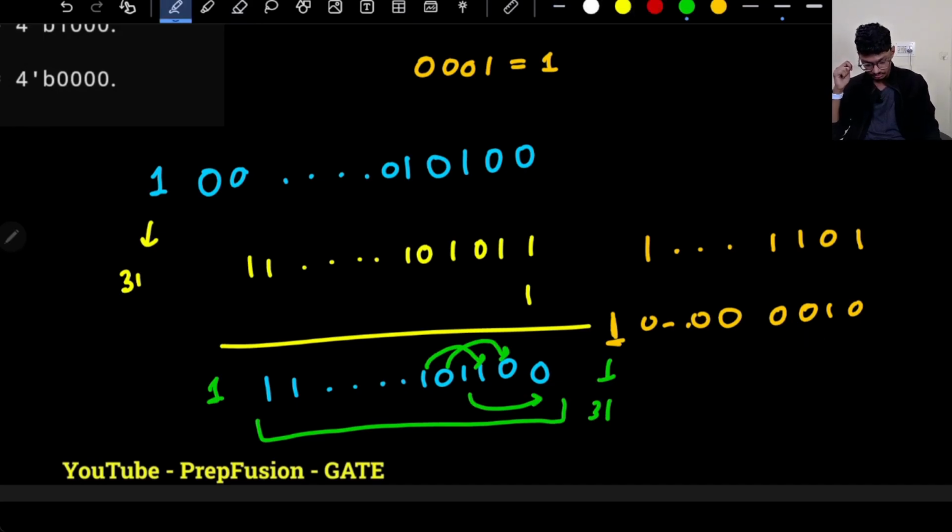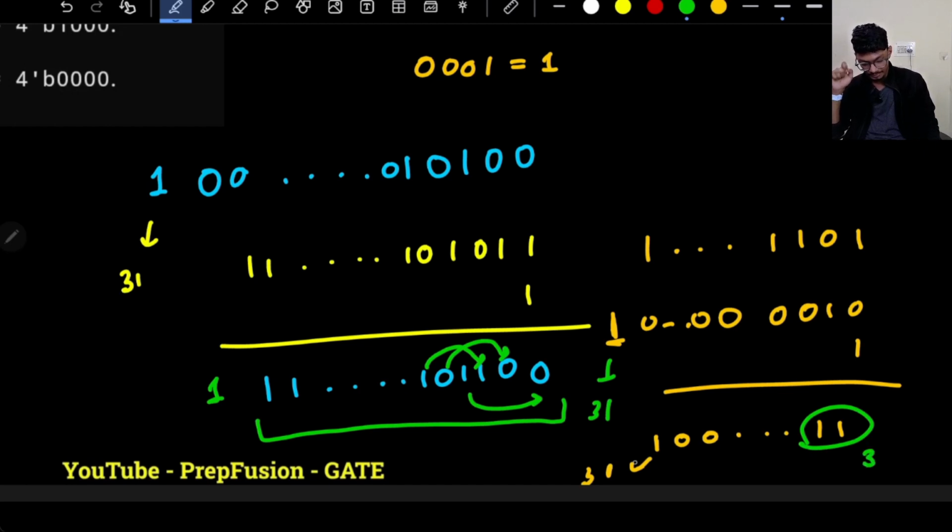Then I have to add 1, so this will be 1 1, and the MSB is still 1, and the rest are all 0. So what is this? This is simply 3, and the MSB is 1, which means it is negative 3. So I get the answer as negative 3.